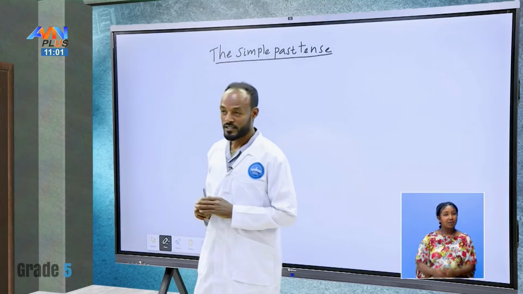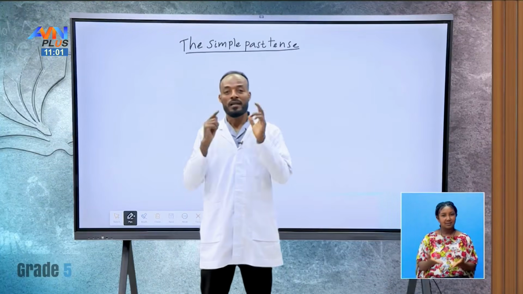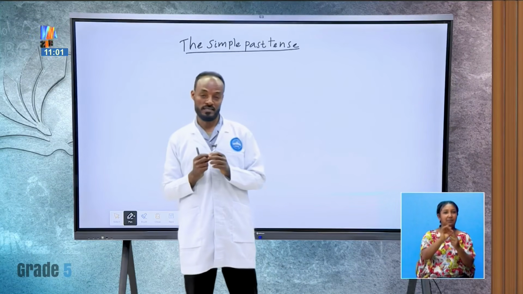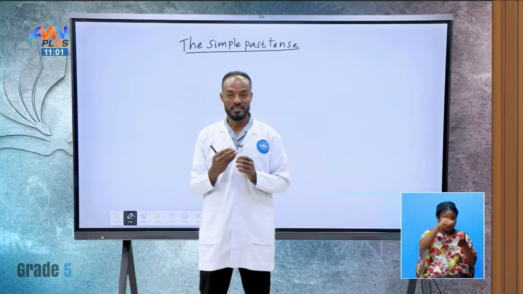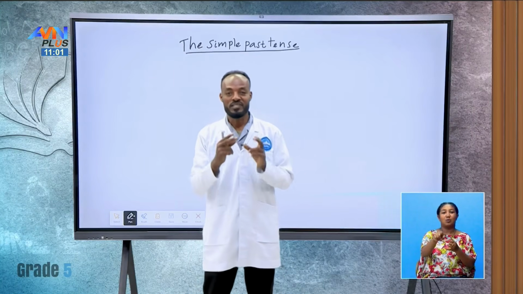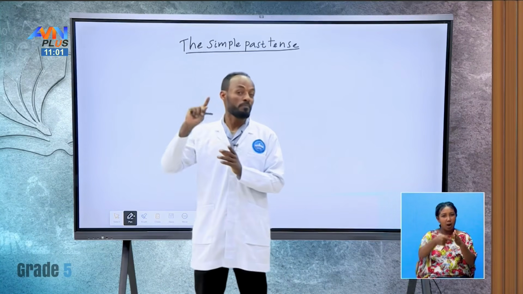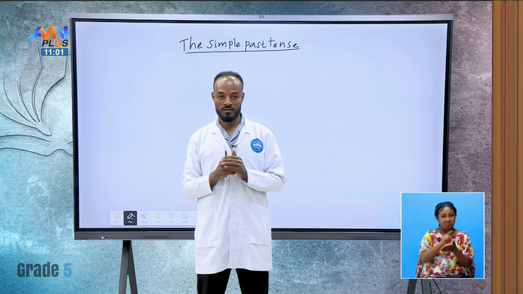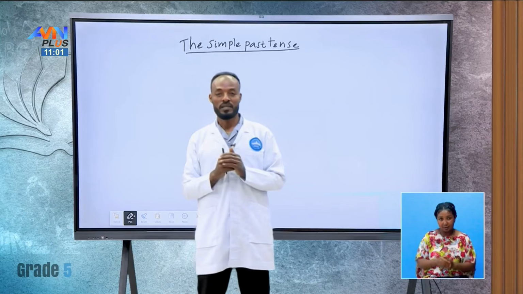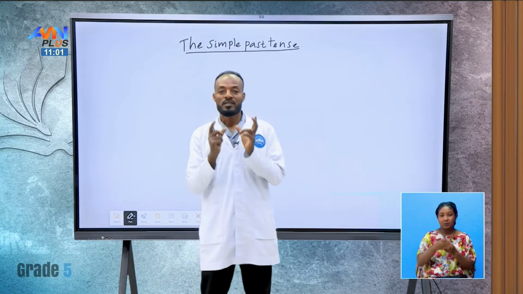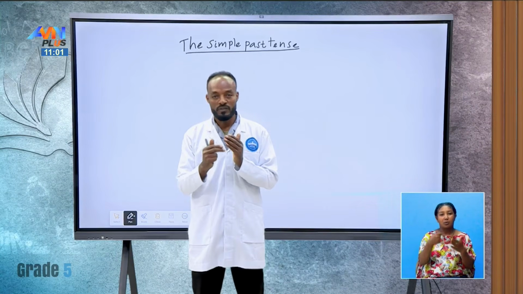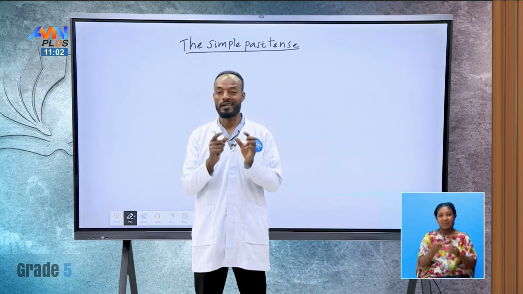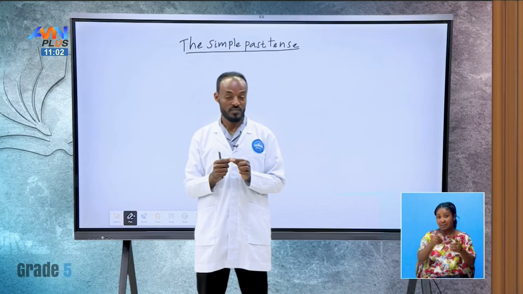Okay, students, please listen to me because we will say something about the objectives of today's lesson. At the end of today's lesson, you are going to describe what happened yesterday, or something in the past. Is that clear? Good. You are also going to talk about affirmative, negative, and interrogative sentences in the simple past tense.